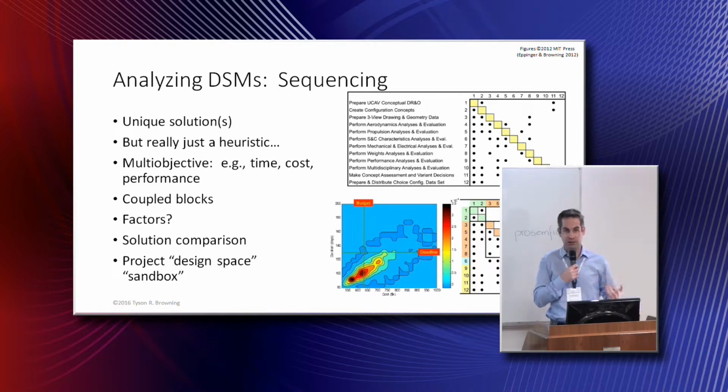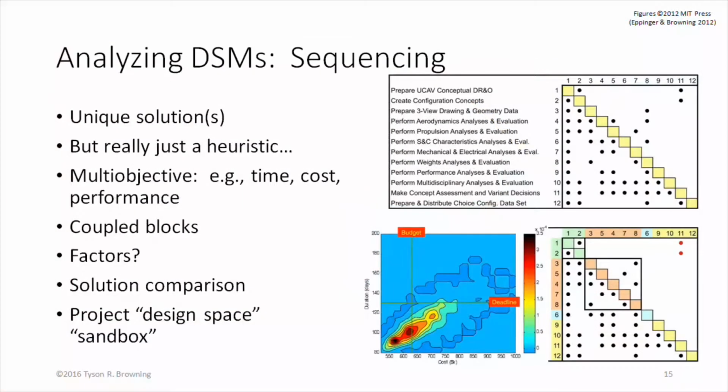Is it just a binary DSM? Or to what extent do we start accounting for all sorts of potential attributes of these activities and their relationships, like durations, rework possibilities, rework impacts, learning curves, resource availability? All of these things are extremely important, but basic DSM models just gloss over a lot of them.